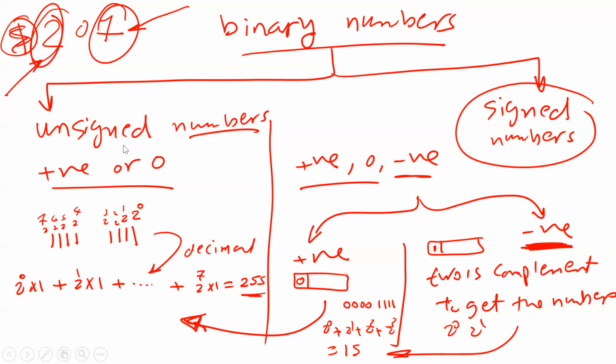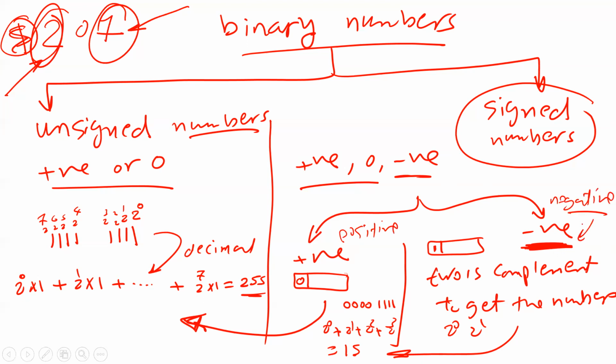Now, if it is signed, as I told you, the way of the conversion is different. So now you have to know whether this number is positive or negative. Someone asked me before, what do you mean by this symbol? Here I mean by this one positive, and this means negative, just in case you don't know what it means.